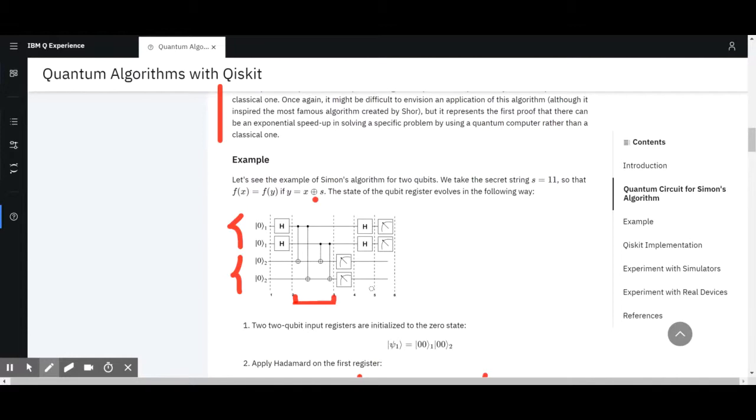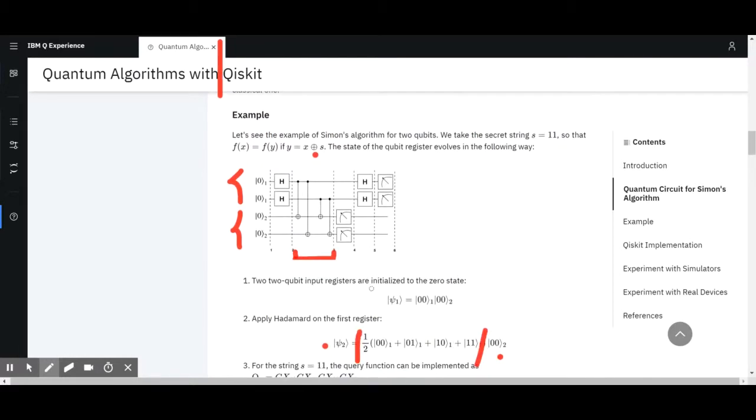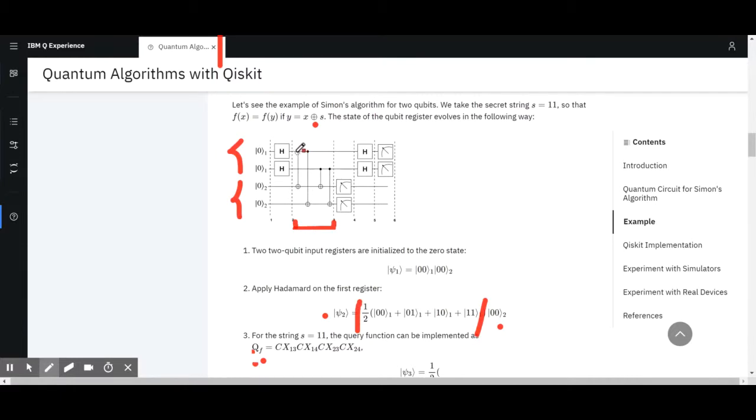Is it doing like an addition? Or what is it doing? So what this is doing is it's a control knot on this, and then a control knot on this and that, right?